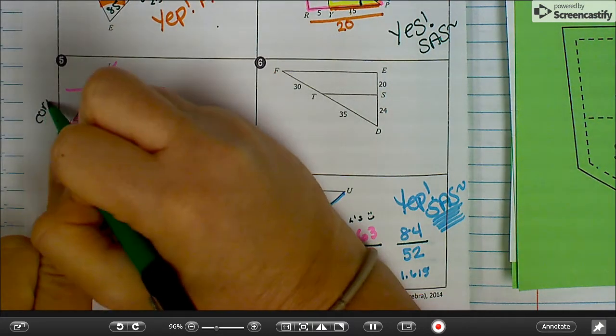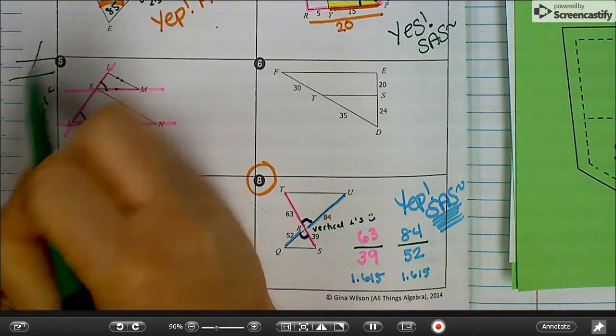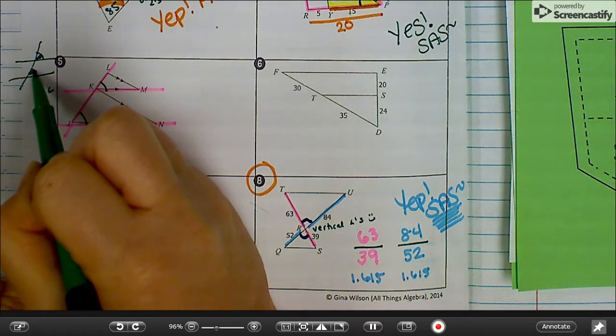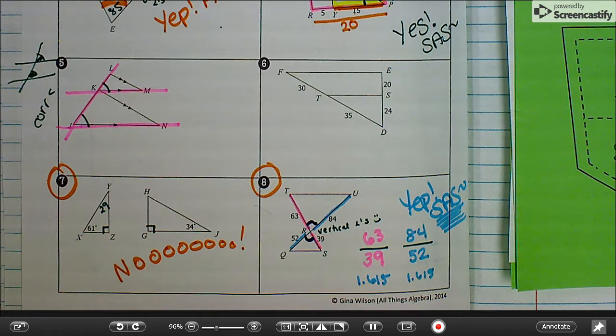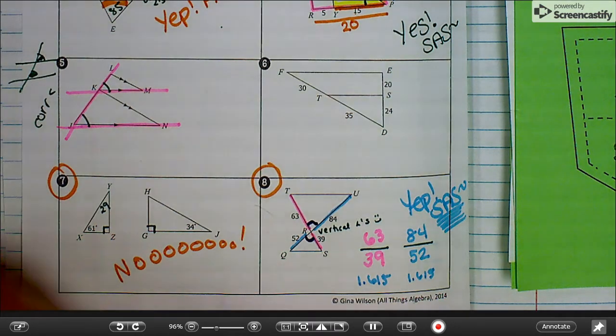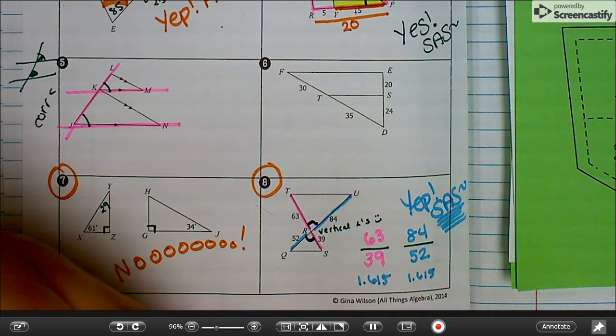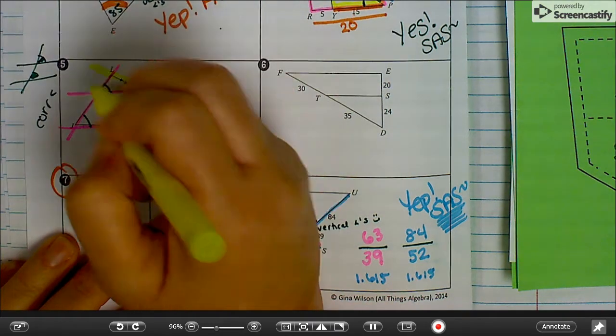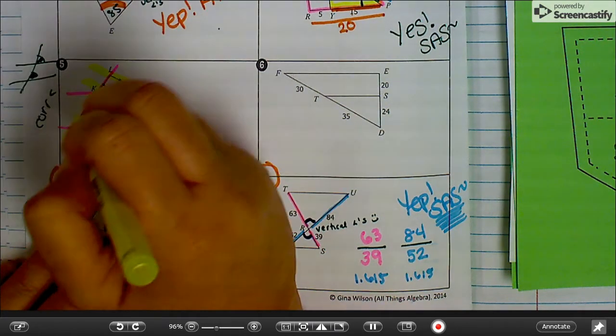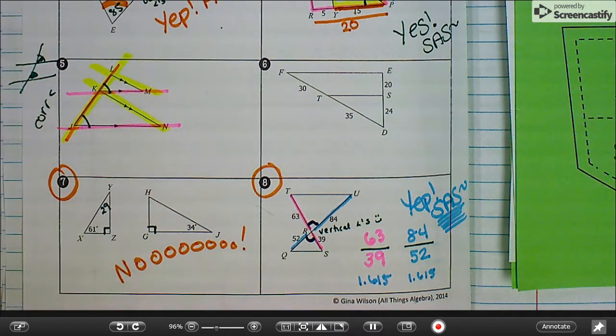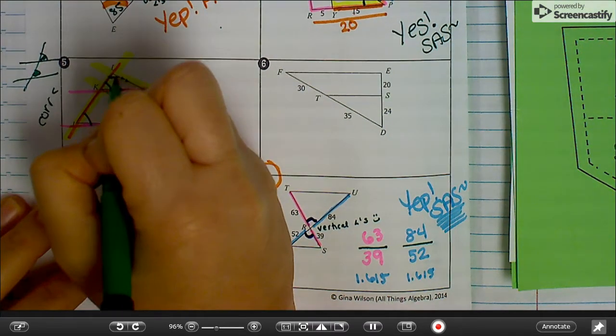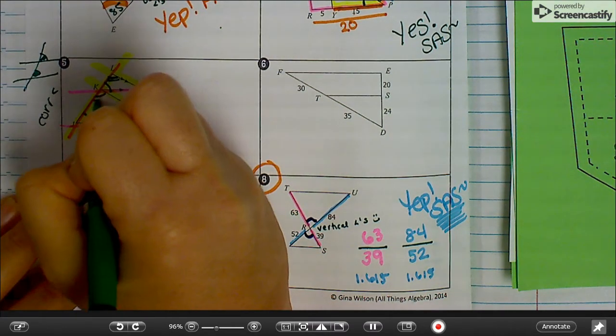Remember? They're angles in the same position when 2 parallel lines are cut by a transversal. Okay? And then we have another set of parallel lines, this one and this one with the same transversal. And that creates 2 more corresponding angles, just like that.